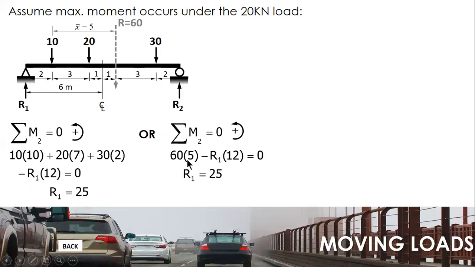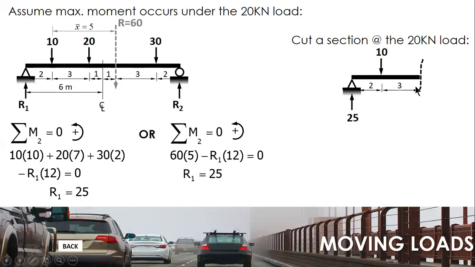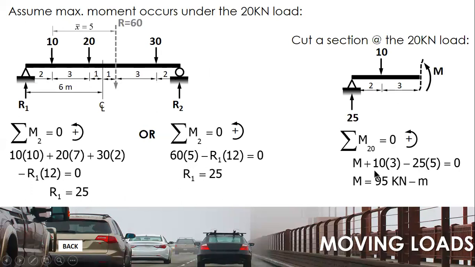And R1 equals 25. And then, katog section sa 20, analyze the left portion. Hanap kang moment, then you get this. M equals 95 kilonewton meters.